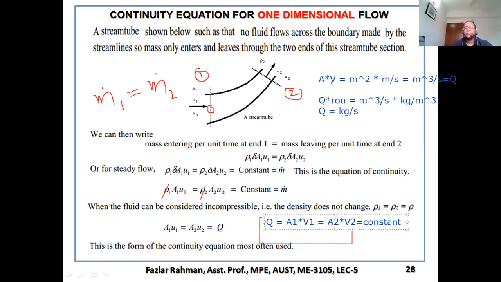So if you know the velocity at point 1 and the areas at both points, you can directly figure out the velocity at point 2: V2 equal to A1 V1 divided by A2.